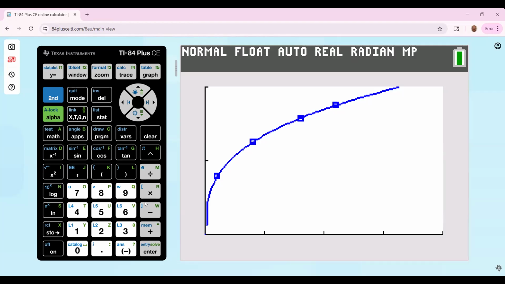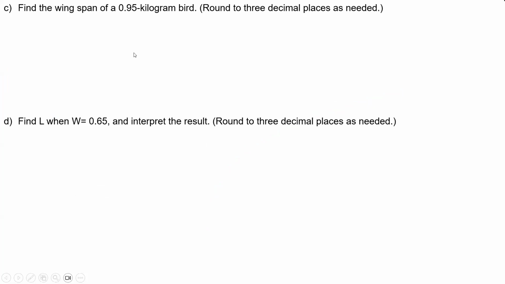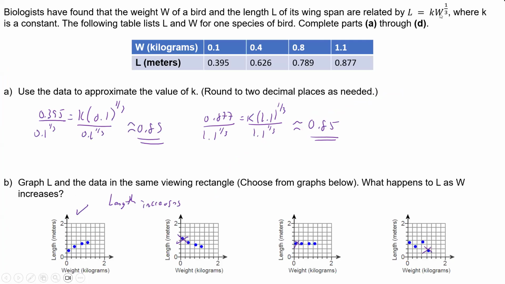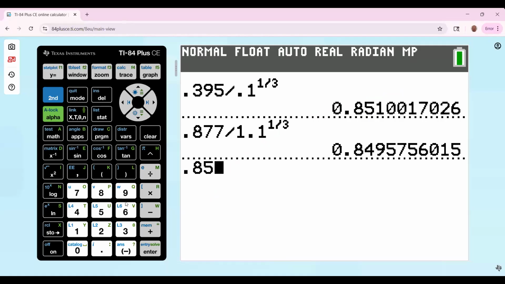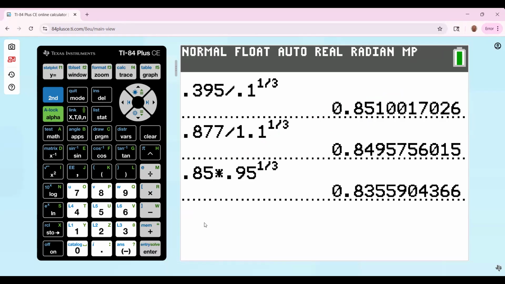So now we have this page. Now this one: find the wingspan of a 0.95 kilogram bird. So now we have 0.95 here. So we're going to have to take 0.85 times 0.95 to the 1 divided by 3. Now we'll plug that into our calculator. 0.85 times 0.95 to the 1 divided by 3, and we get about 0.84.